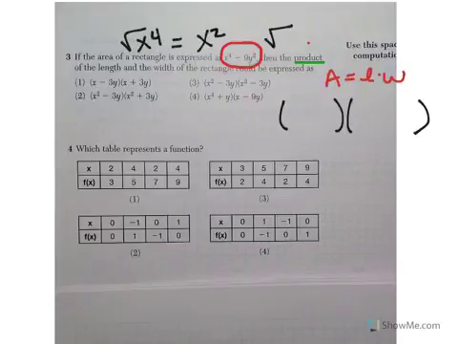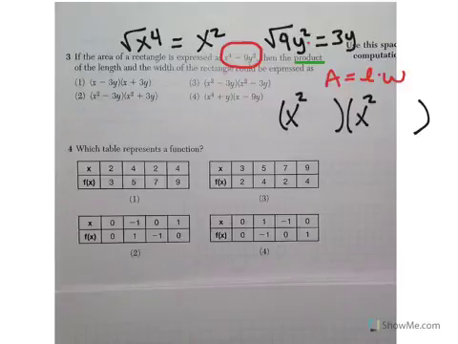And if I take the square root of 9y squared, I'll end up with 3y. So x to the 4th was first, so the x squared will be first in our parentheses, and the 9y squared is second, so the square root of that, 3y, will be the next part in our parentheses. And remember, with difference of two perfect squares, you always have one positive and one negative. So that means our answer is choice 2.